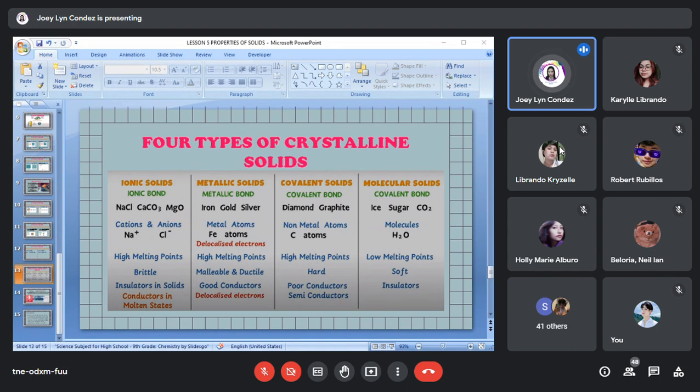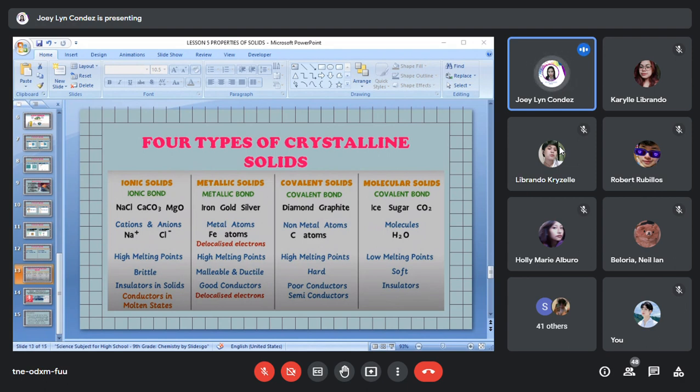Molecular solids. For example, we have ice. Ice is a crystalline solid. Okay? Specifically, it's a molecular solid. When we say molecule, it's made up of two or more atoms. So remember that ice is made up of hydrogen and oxygen atoms.